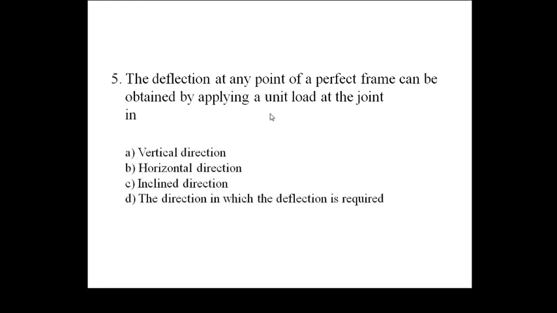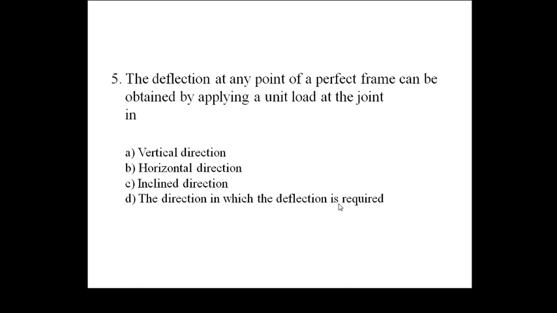Then coming to the next and last question of this session: the deflection at any point of a perfect frame can be obtained by applying a unit load at the joint in the vertical direction, horizontal direction, inclined direction, or the direction in which the deflection is required.